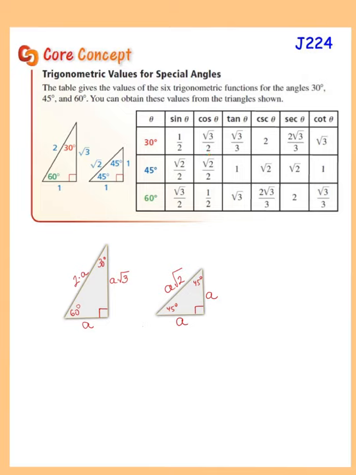Tangent is opposite over adjacent, and then rationalizing the denominator, that's how you get the square root 3 over 3. Cosecant is the reciprocal of sine, secant is the reciprocal of cosine with rationalized denominator, and cotangent is the reciprocal of tangent. Similarly, the whole process goes through for 45 degrees.